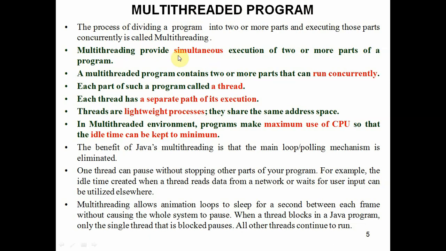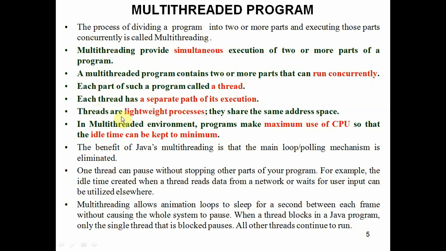Multithreading provides simultaneous execution of two or more parts of the same program. A multi-threaded program contains two or more parts that can run concurrently. Each part of such a program is called a thread. Each thread has a separate path of execution from other threads.